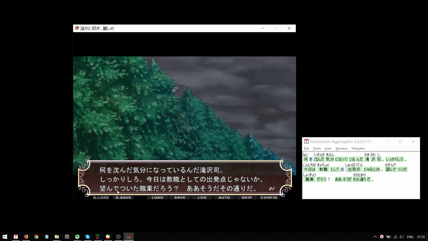But that makes no sense, right? What does suita shokugyo da mean? So this is not two phrases. Nozonde here is sort of like an adjective.